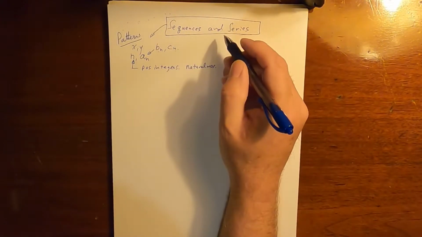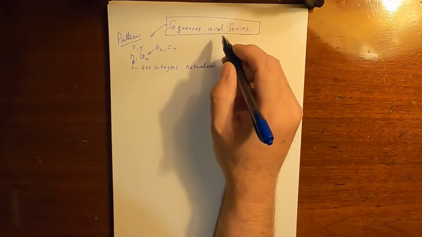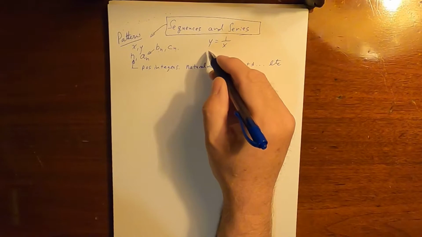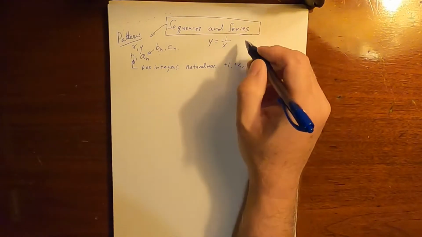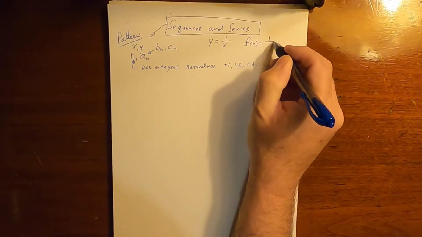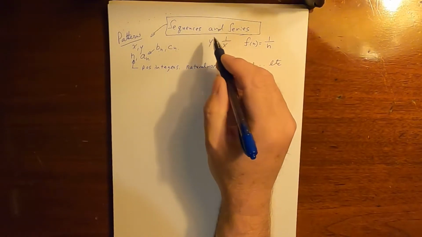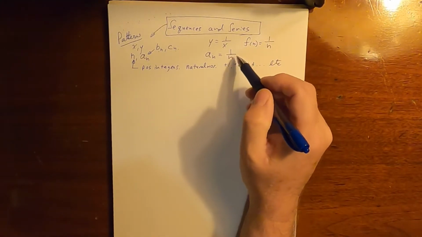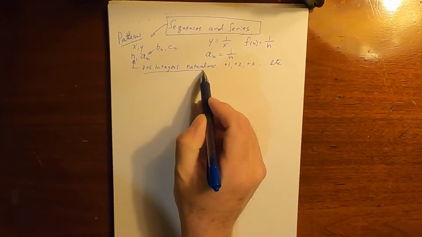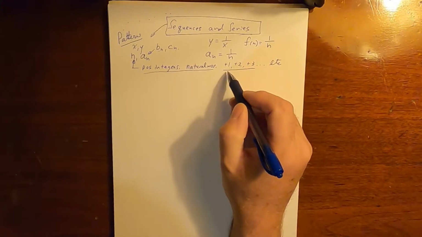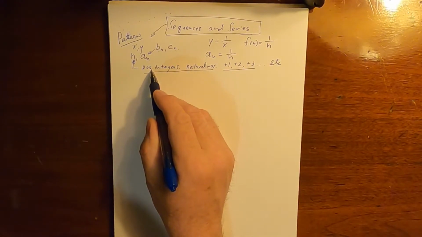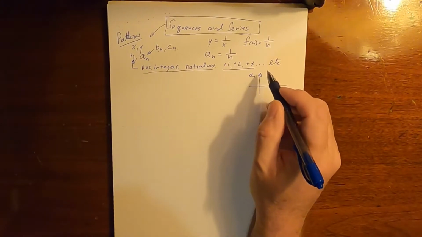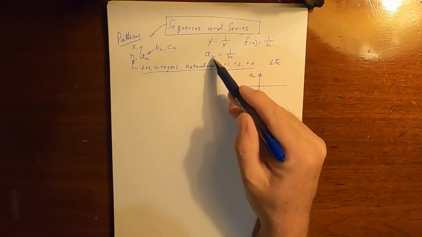Traditionally, in the past, I could have had something like Y equals 1 over X. But now you're going to see a function of N, here 1 over N. If you want to be even more specific, you could say A sub N equals 1 over N. And when you plot this, with only positive integers for values of N, your sequence in general form would be this.